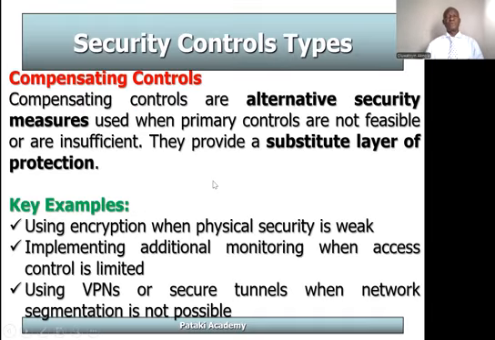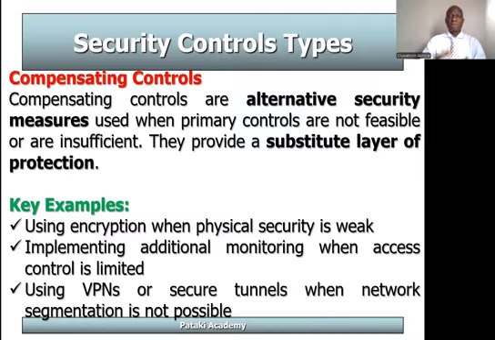And the next one is compensating control. All these are seen under security control types. Compensating controls are alternative security measures used when primary controls are not feasible or are insufficient. They provide a substitute layer of protection. Example, using encryption when physical security is weak.